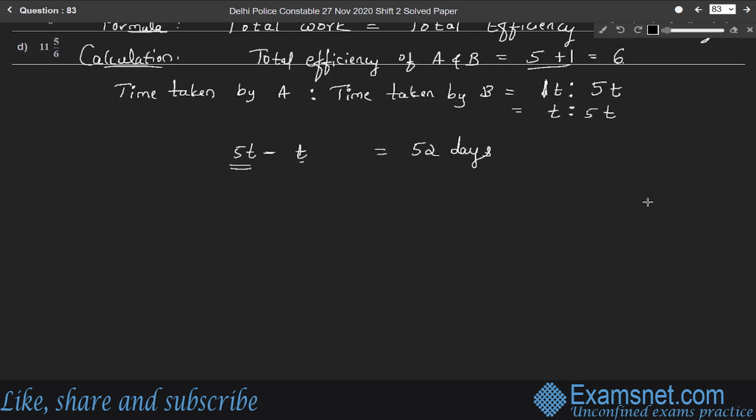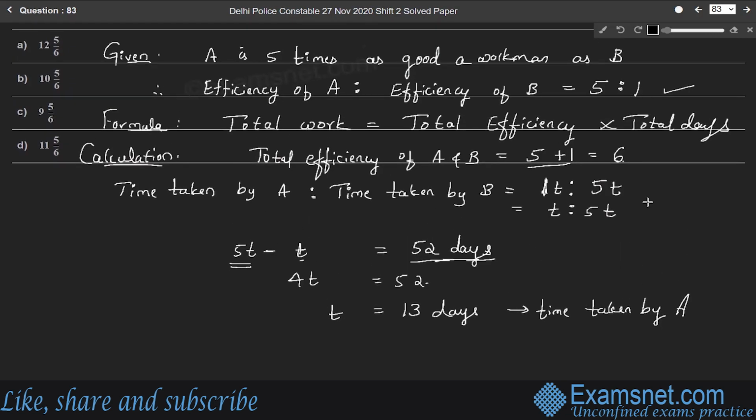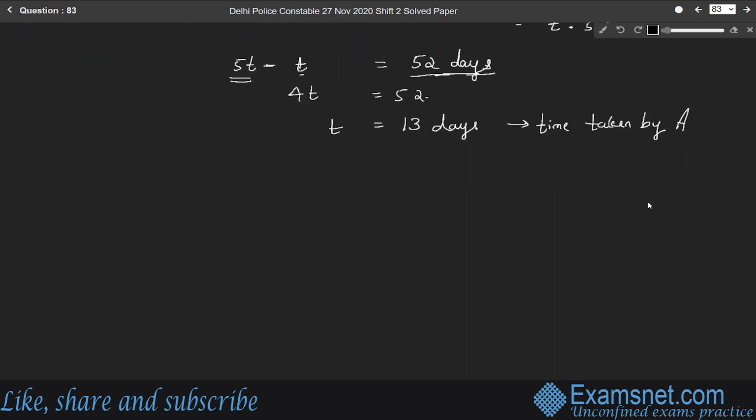So B takes 52 days more to complete the same work. Therefore, 4t is equal to 52. Therefore, t is equal to 13 days. So what is t? Time taken by A. Right? Therefore, according to the formula, total work is total efficiency into total days.